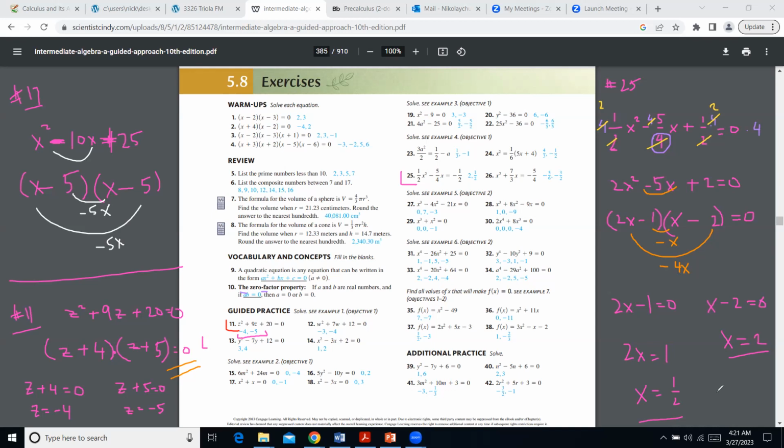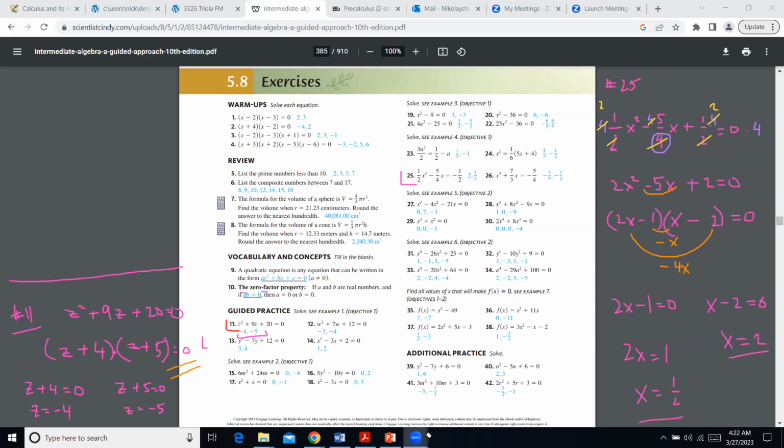So looks like it's another section for factoring, and we just keep on breaking down polynomials, but with an extra step that says set factors equal to 0.